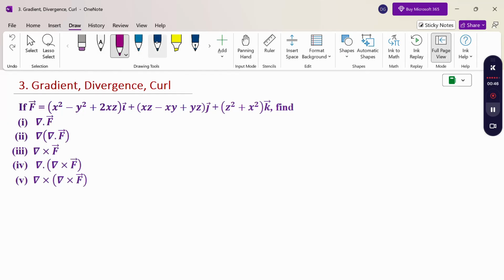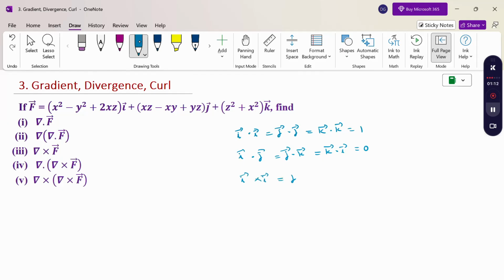Before that, just remember i dot i, j dot j, k dot k values are 1. i dot j, j dot k, k dot i are 0, and then i cross i, j cross j, k cross k are 0. i cross j is k vector, j cross k is i vector, k cross i is j vector, following the cyclic order i j k.